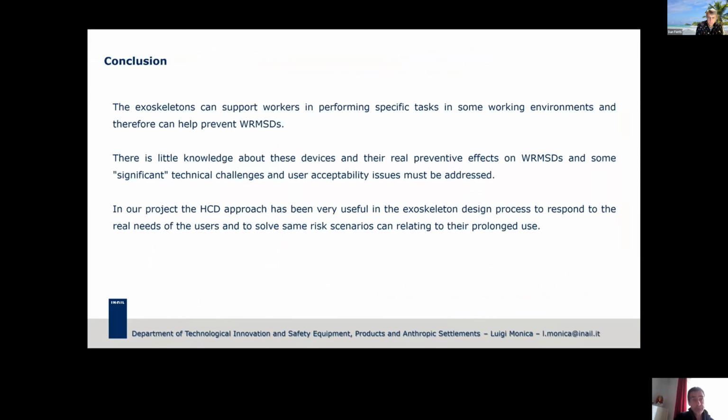Yes, in conclusion, the exoskeletons can support workers in performing specific tasks in some work environments, and therefore can help prevent work-related musculoskeletal disorders. But there is little knowledge about these devices and their real preventive effect on work-related musculoskeletal disorders, as some significant technical challenges and user acceptability issues must be addressed.